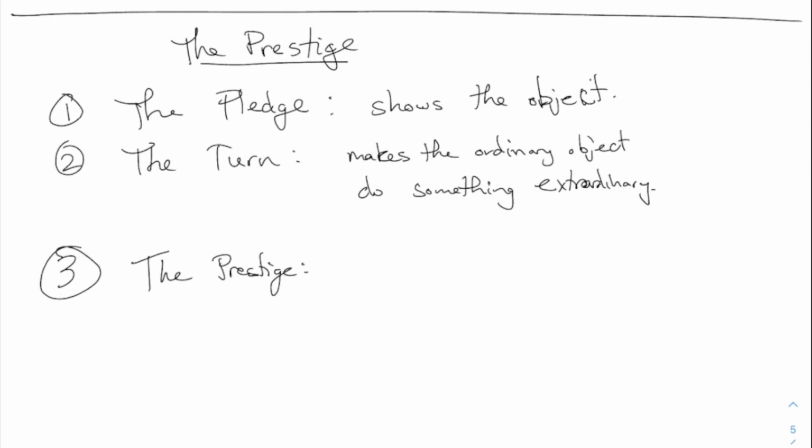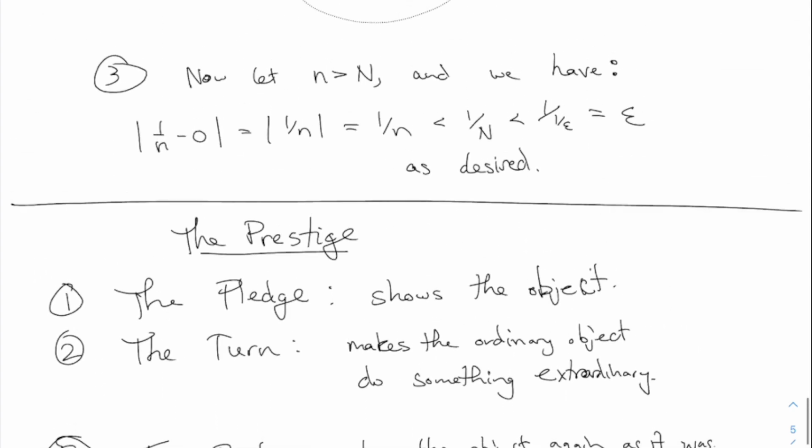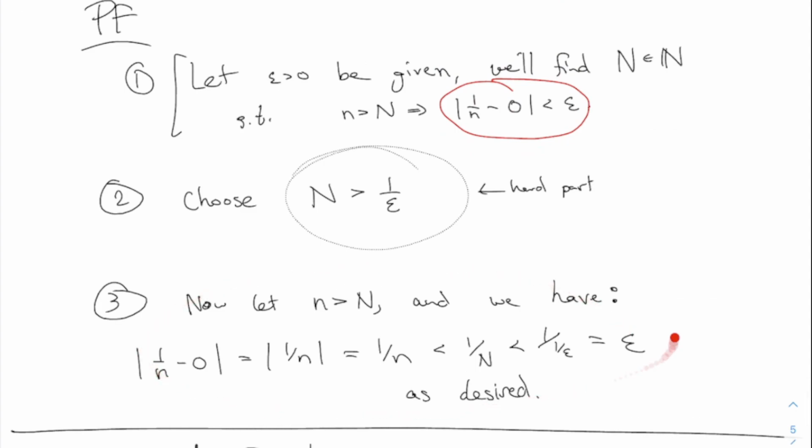So this is like putting the rabbit back in the hat and then showing you again the empty hat. This is the true mark of the true master of the craft. So this shows the object again, as it was. That's really what step 3 is. Step 2 is where the real work goes into it, but in step 3 you are just verifying that your choice in step 2 was correct.